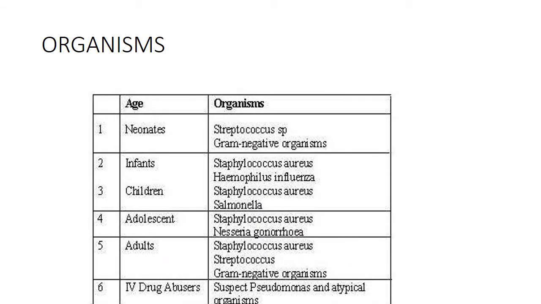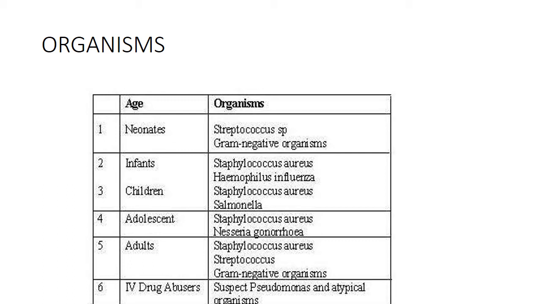The organisms involved are different for different age groups. The neonates have streptococcus infections more commonly, or gram-negative organisms. The infants have Staphylococcus aureus and H. influenzae, and children have Staph aureus and Salmonella. The adolescents have Staphylococcus aureus.